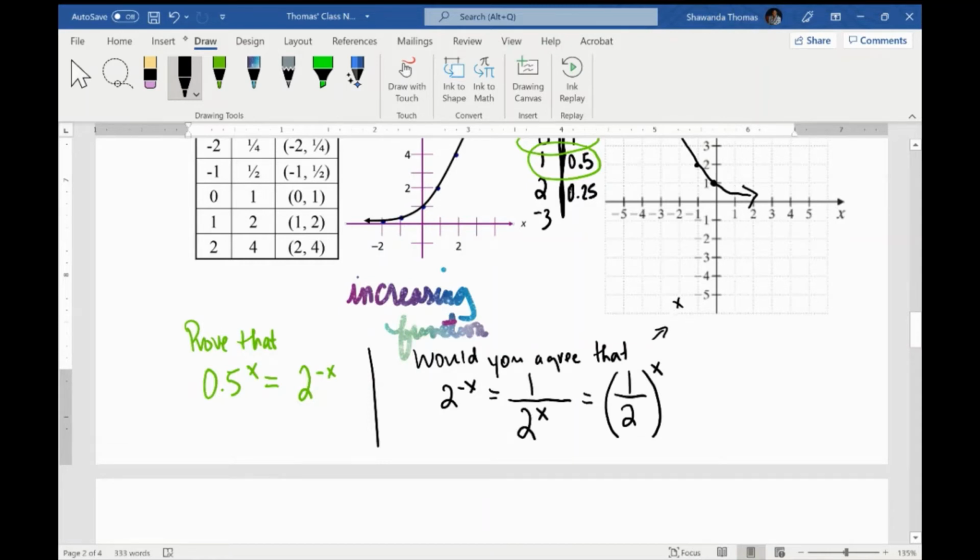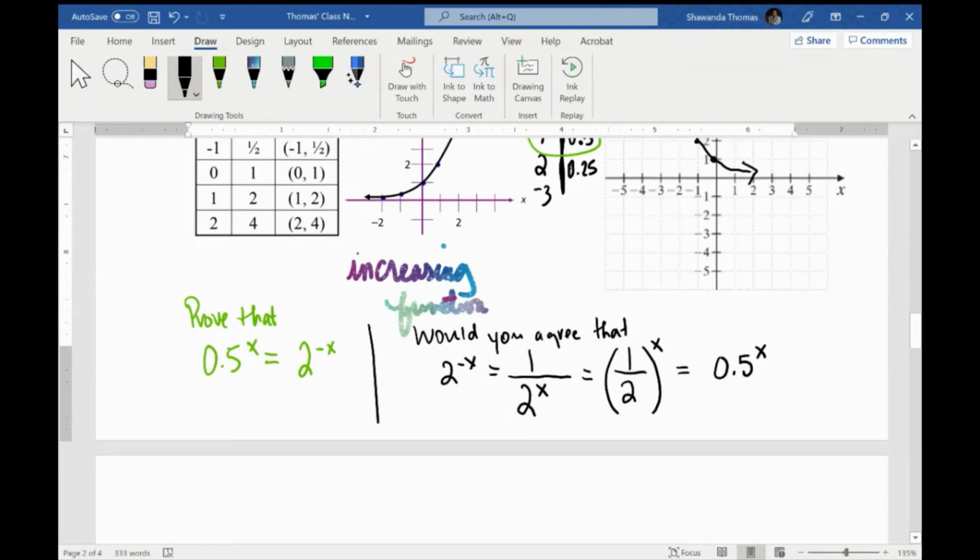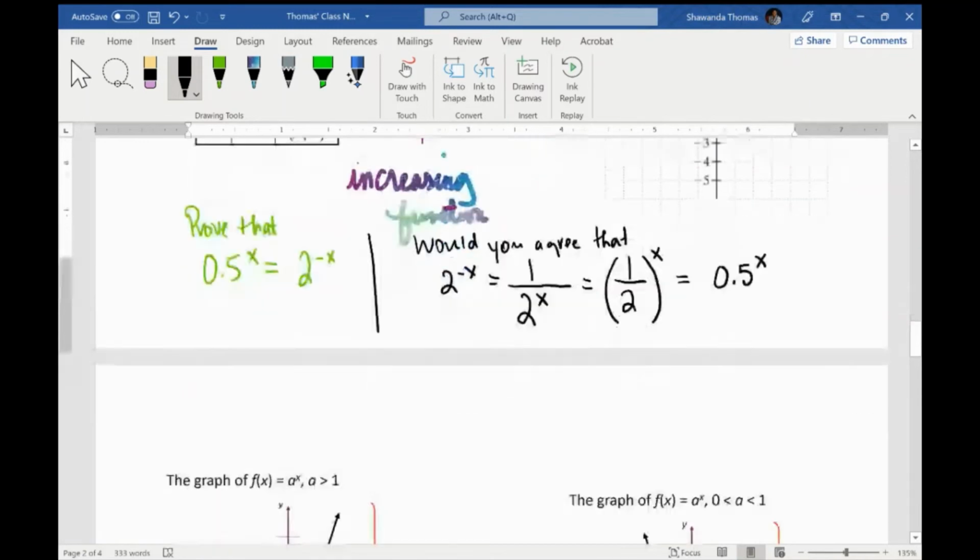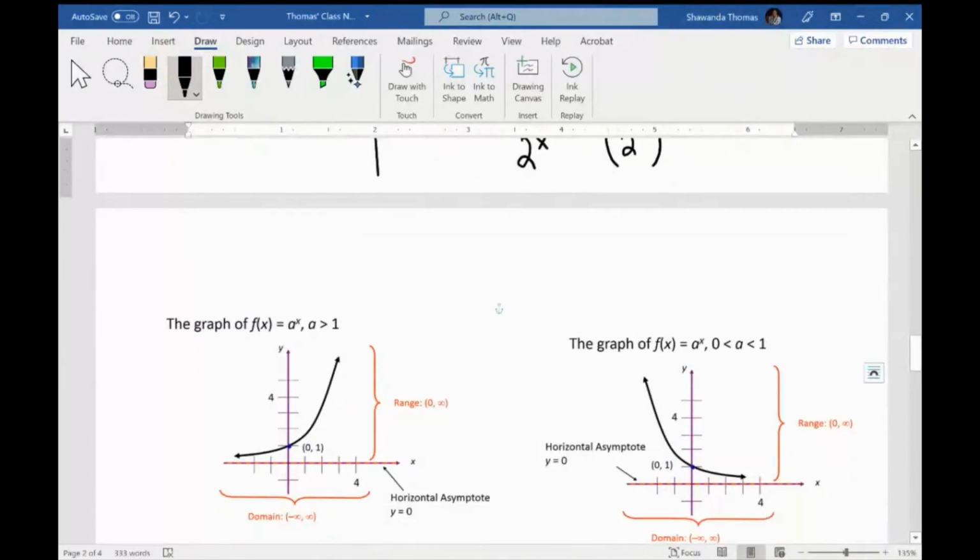We discussed that a little earlier. 1 to the x will always be 1. And 1/2 is 0.5, correct? So we just proved that 0.5 to the x is the same thing as 2 to the -x. All right, let's move on.